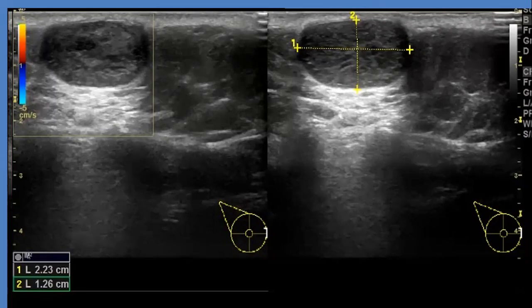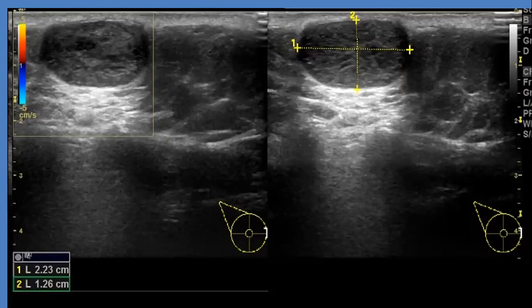If the lesion originates in the hypodermis, this includes even breast-related lesions, such as those arising from the terminal duct lobular unit, which can be seen in the subcutaneous part. So when we see a lesion within the hypodermis, we want to make sure whether it is dermal in origin or not.